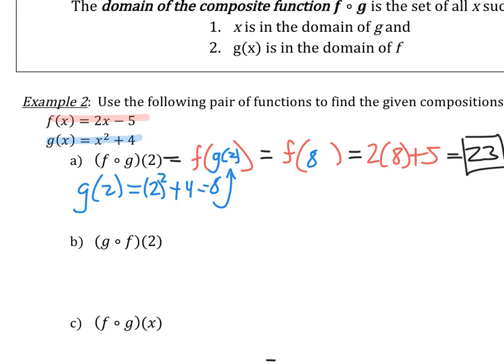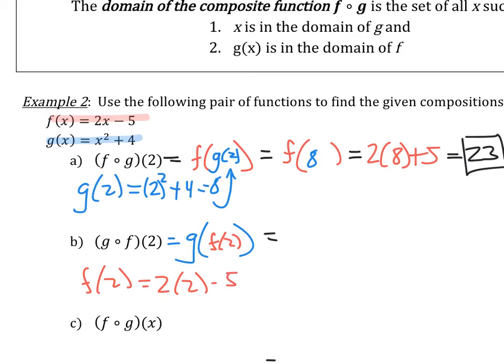If we have g of f of 2, well, now we're going to reverse it. So g is being composed with f of 2. Now again, because we have a 2 here, not just a variable x like we'll have in a moment, we can go ahead and figure out what f of 2 is. f of 2 is 2 times 2 minus 5, which is 4 minus 5, which is negative 1.